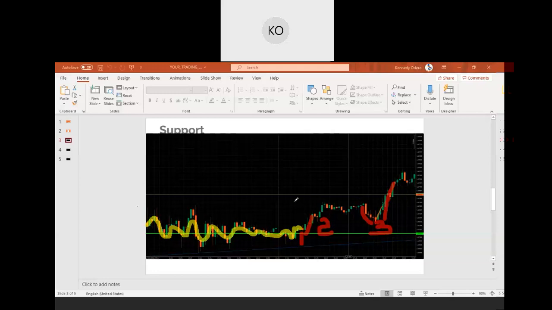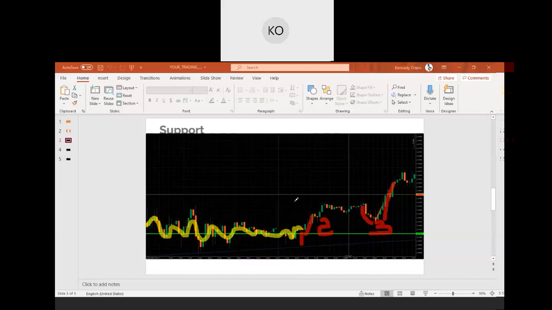You need to be practicing on how to set up your support zones and then you backtest when the market is quiet, especially on Saturday, on Sunday, when there's no trading. Set up your support zones and then just backtest, and you'll always see that it respects those zones. It always respects those zones.